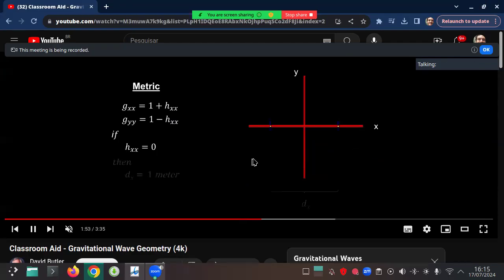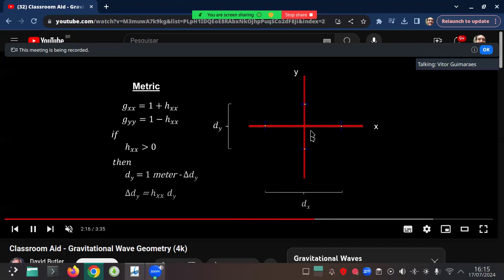So the distance between these 2 points when the perturbation is 0 is given to be 1 meter, but with the perturbation, this distance would be increased, right? If the delta that we saw in the previous lecture is positive, the same thing will happen in the y-axis, right?